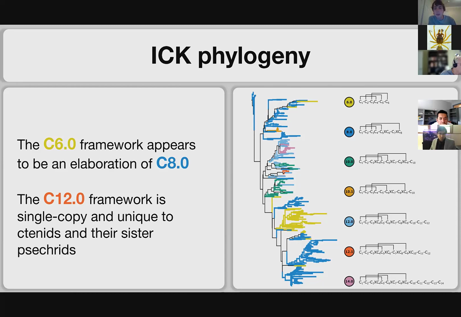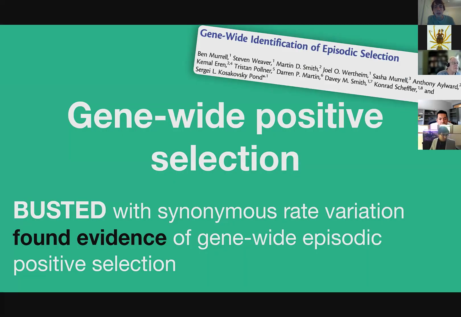And then we also interestingly found that this 12 cysteine framework is single copy, doesn't have any duplicates, and was unique to ctenids and their sister family, the Cychraids. So for the gene-wide positive selection, it did identify evidence of gene-wide episodic positive selection.